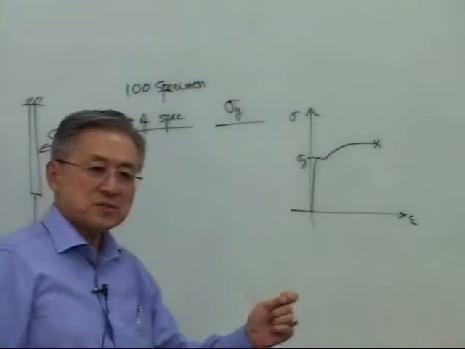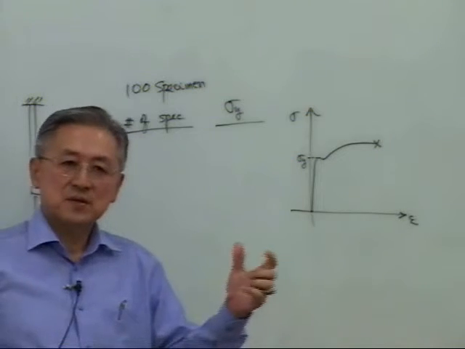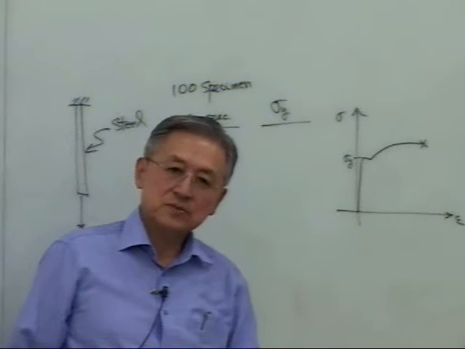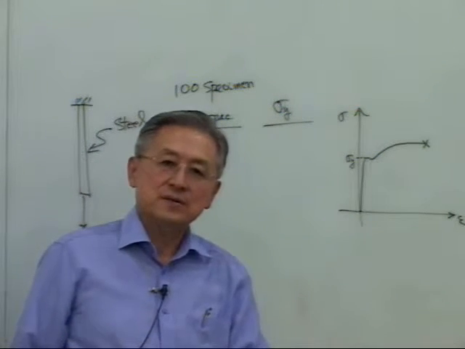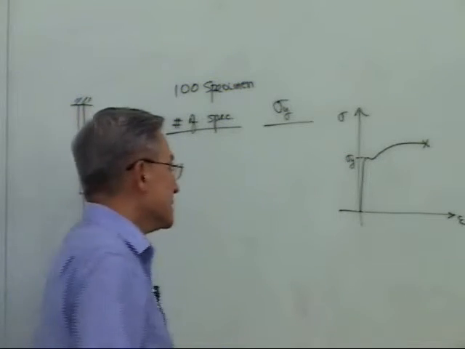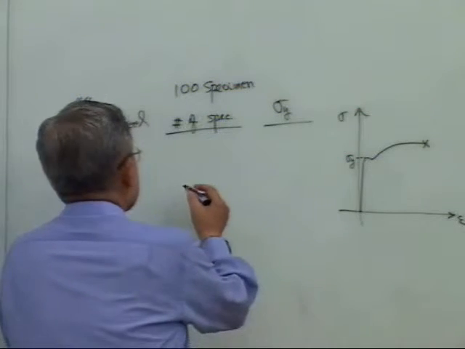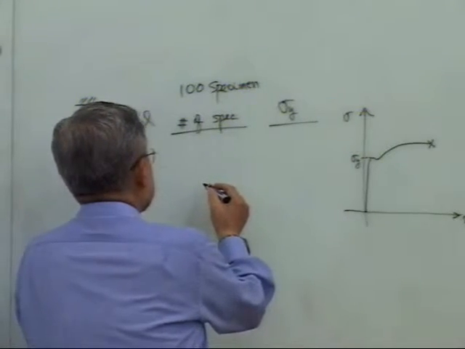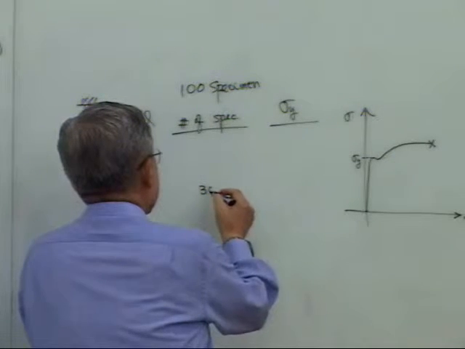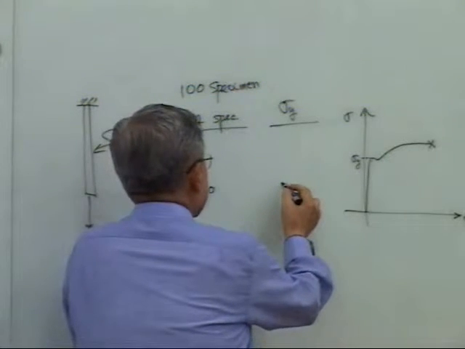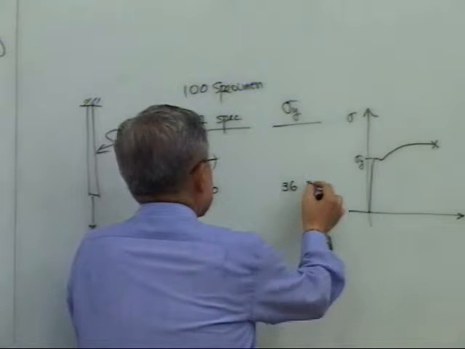Then for each specimen, 100 specimens, you do the pulling test. Then surprisingly, you could say, okay, about 30 out of 100 specimens have 36.